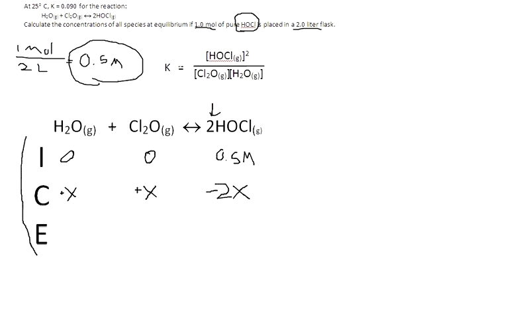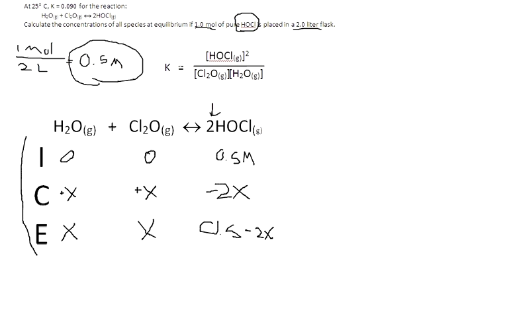So our change is right here. At equilibrium, we're going to have X for H2O. At equilibrium, we're going to have X for Cl2O. And at equilibrium for our initial that we put in there, it's going to be 0.5 minus 2X. Is everybody with me so far?